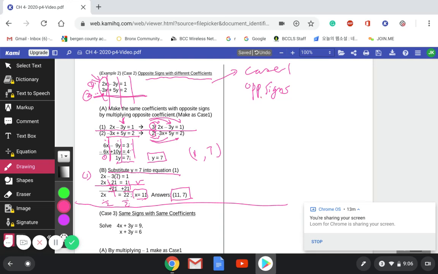When you do that, you end up with a very nice case 1 system of equations, and then you add by column and get one value, and then you substitute, and you get the second value. So those are the steps that you do in a case 2 type of question.